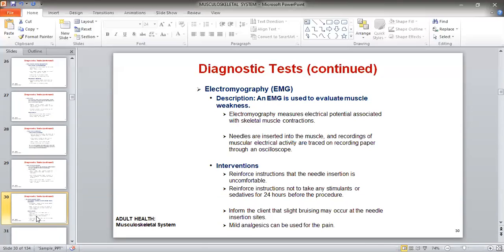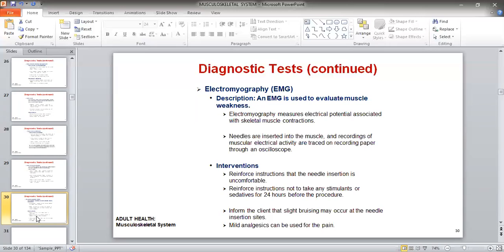So EMG is used to evaluate muscle weakness. They measure electrical potential associated with skeletal muscle contraction. Needles are inserted into the muscle and the muscle's electrical activities are traced on recording paper.